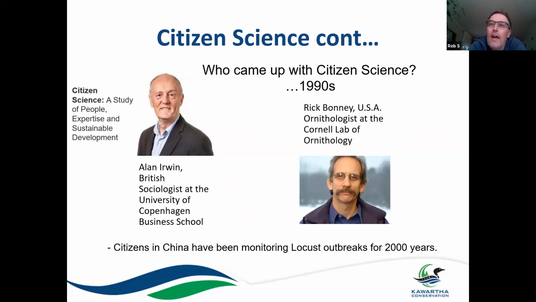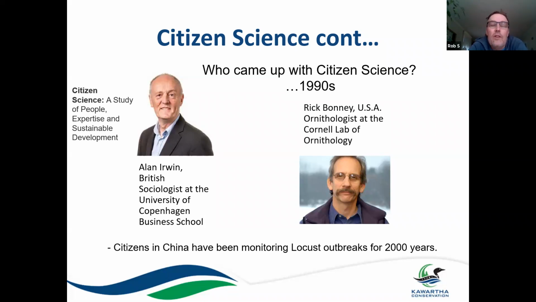And he thought that he could tap into that resource and expand his research. So independent of one another, they basically came up with the concept of citizen science, including citizens in research for scientific purposes.